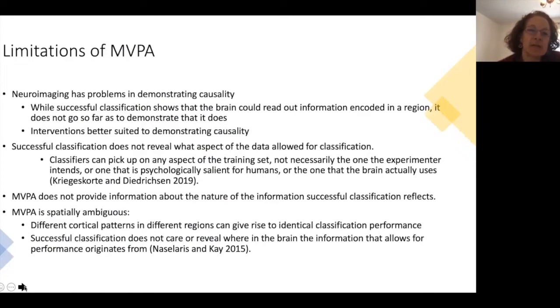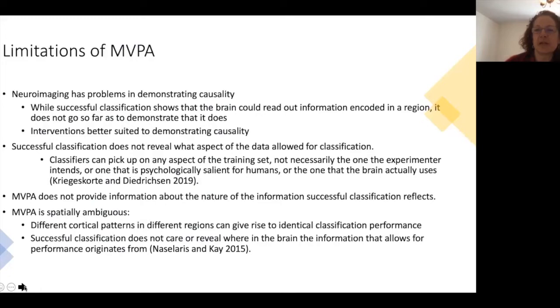One of the main ones is that even though you can see that there are differences in brain activity for different kinds of stimuli, you don't know that what you're seeing has causal efficacy, that the brain is actually relying on the information that is showing up in these neuroimaging experiments.